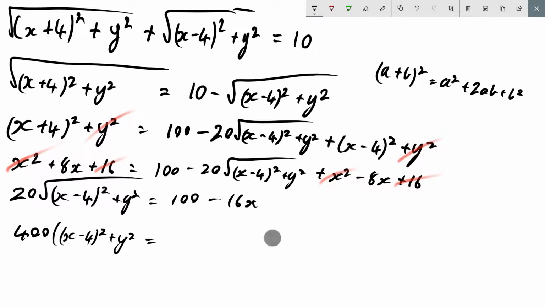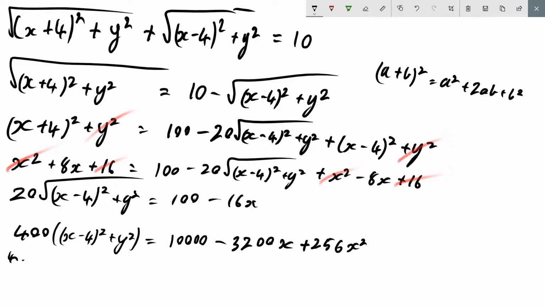So 100 squared is going to be 10,000, times these two together is going to be minus, and then double it, it's going to be 3,200x, and then squaring 16x is going to become 256x squared. I'm now going to expand this here using the perfect square thing again.